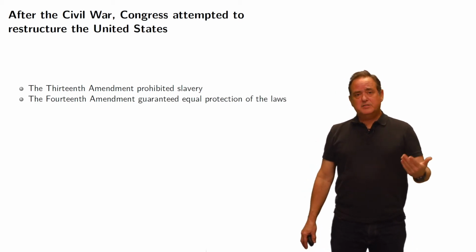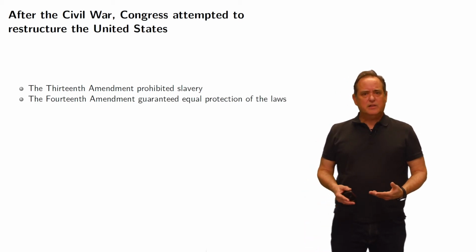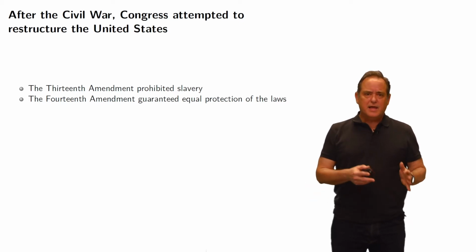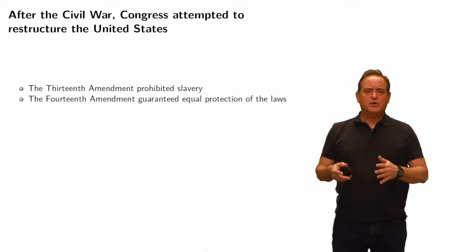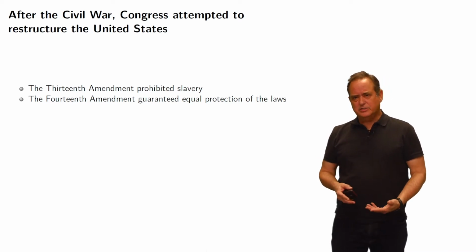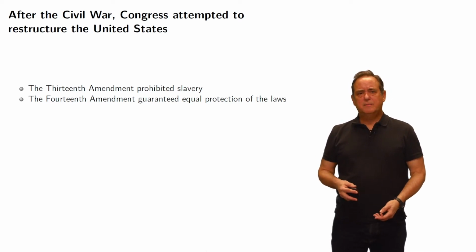And the 14th Amendment, we just said, guaranteed equal protection of the laws. This was the idea that the law is going to apply equally to everyone no matter what race you are. You're going to be guaranteed the same protections under the law.